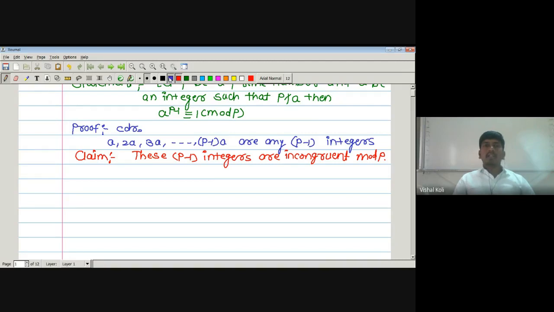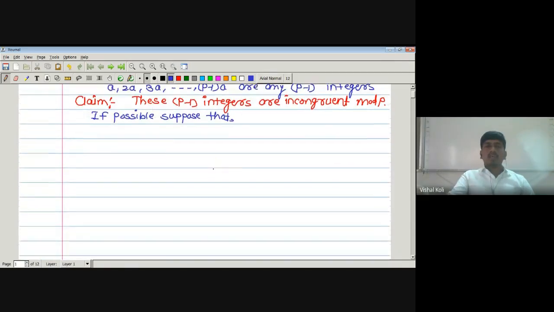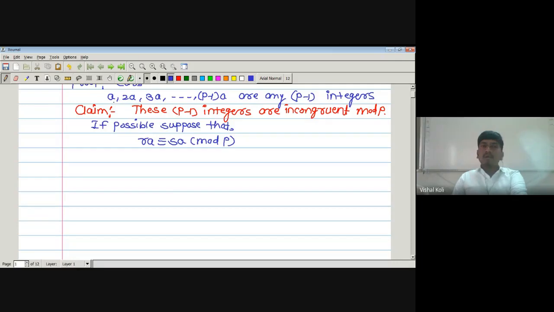And to prove this, if possible, suppose that at least two among these P minus 1 integers are congruent modulo P. That is, RA is congruent to SA modulo P. As each integer is a multiple of A, therefore R and S must be greater than or equal to 1. For convenience, let us consider R is less than S, and both lie between 1 and P minus 1.